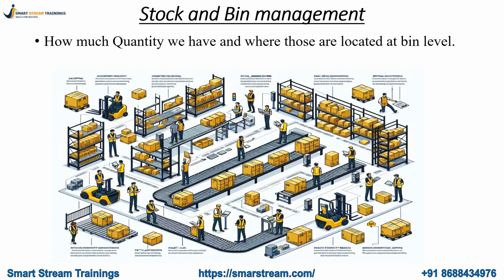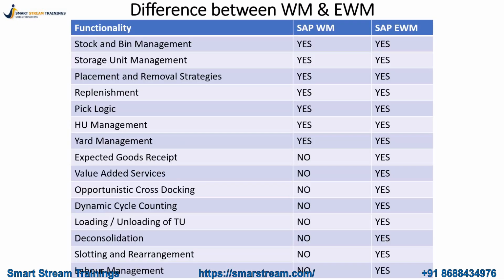So there might be specific destinations for each and every product. That kind of stock and bin management is possible with SAP EWM. WM is also supporting stock and bin management, and EWM is also supporting stock and bin management. So let's move to our next point, storage unit management.